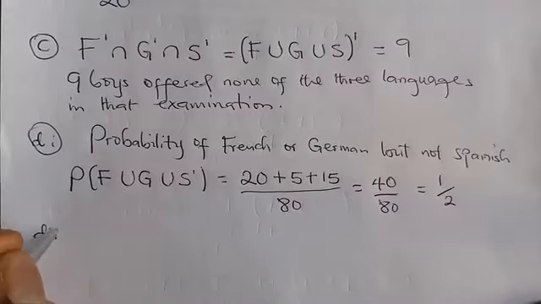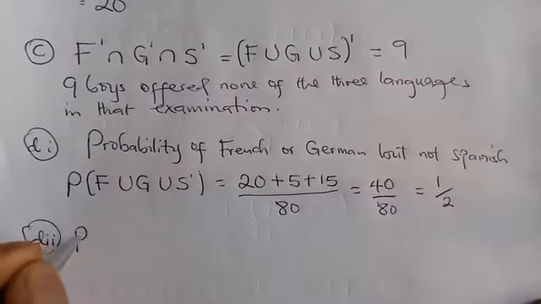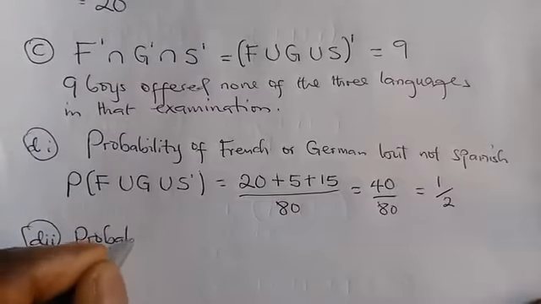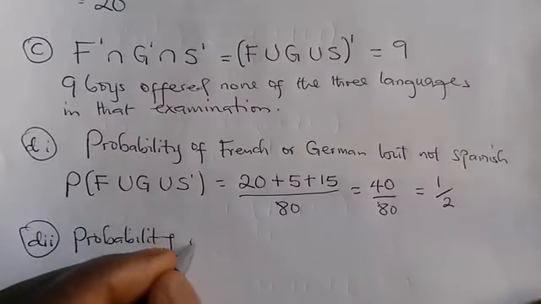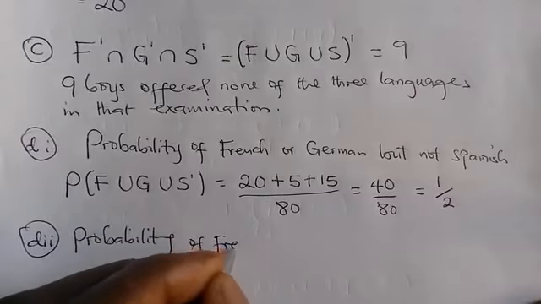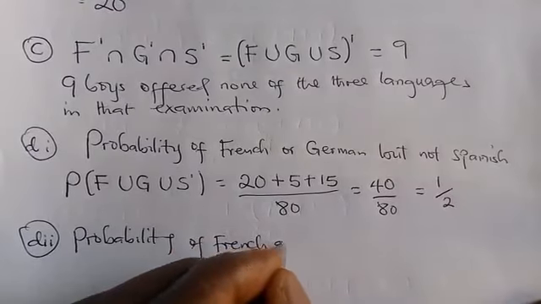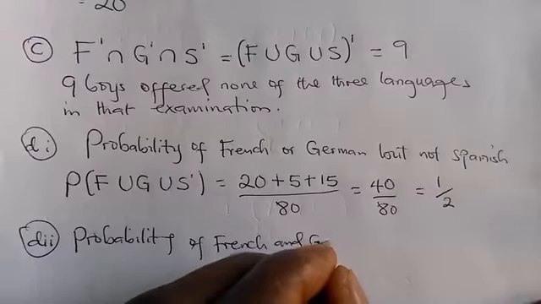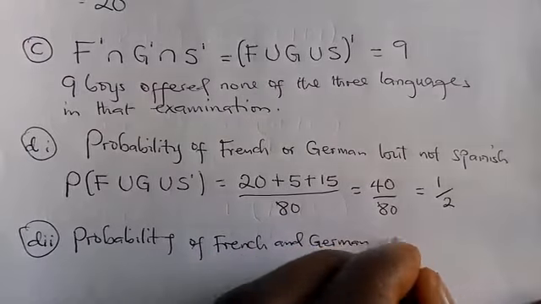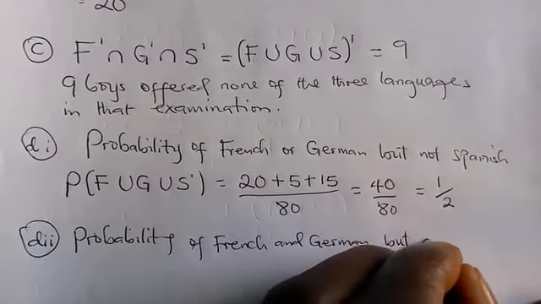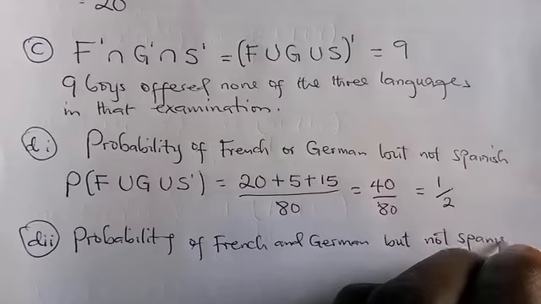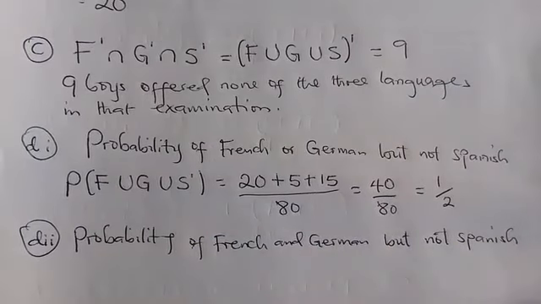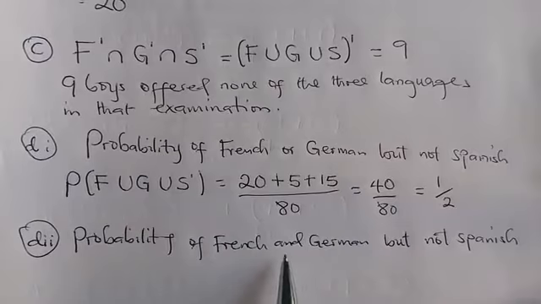Next, we have the probability of French and German but not Spanish. This time around, looking at the word and, we're going to use intersection of set.